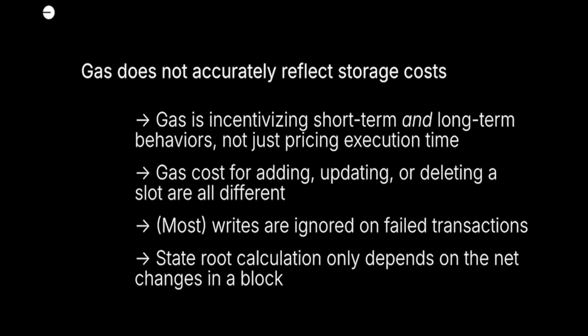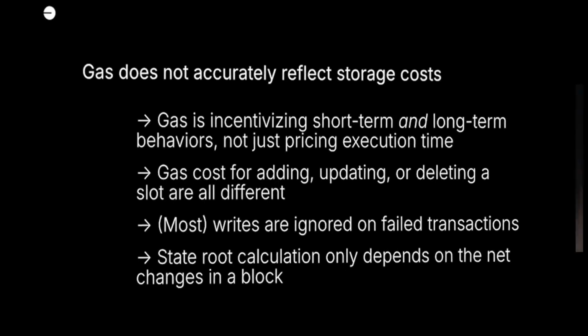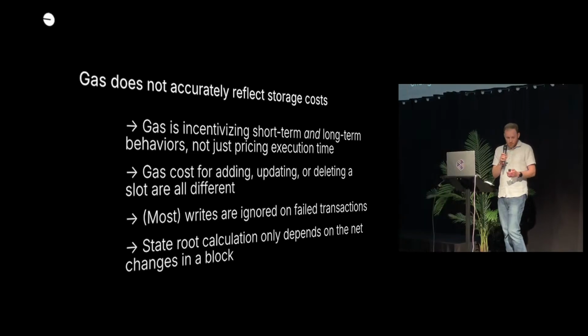Separately, there are other factors, such as failed transactions and reverted contract calls costing gas but maybe not actually writing storage. And finally, at the end of every block, we only need to calculate the state root changes based off the total net changes. So there's a lot of double counting depending on what transactions are in the block.